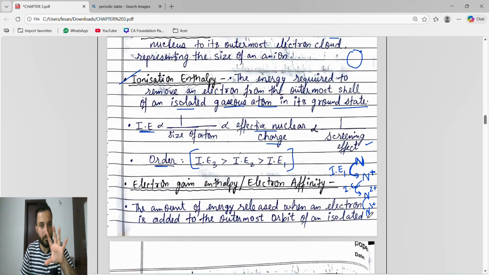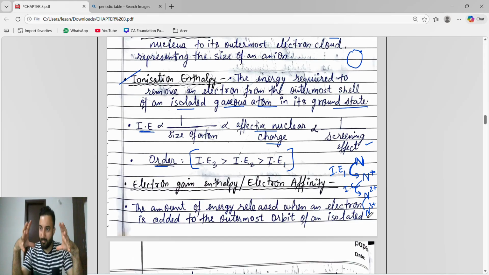So guys, understand what is happening. If we have a bigger atom, in ionization enthalpy I am removing one electron. As you remove the electron, the number of electrons reduces, the number of shells reduces, so the size of the atom decreases.